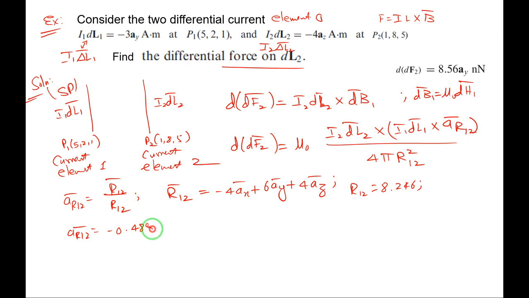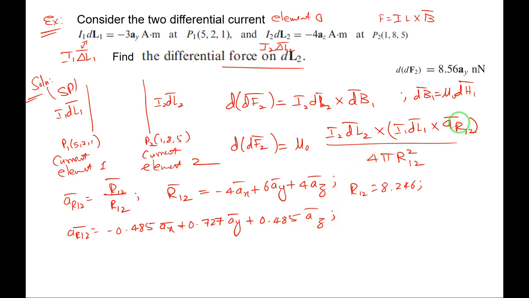I will take up to 3 digits: minus 0.485 ax, then 6 by 8.246 gives 0.727 ay. The next, 4 by 8.246, is nothing but 0.485 once again, az.